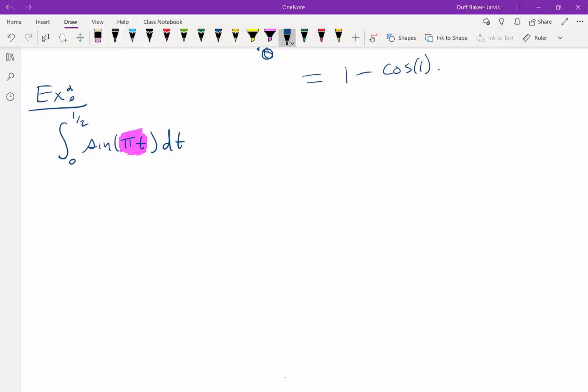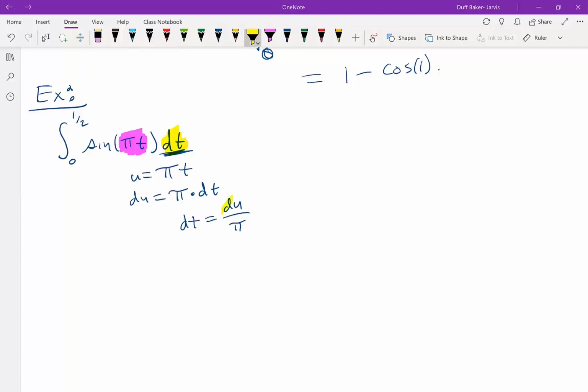If I was to choose u to be just pi times t, then du would be the derivative of that, which is just pi. And then we always just tack on the derivative of whatever is here, so if you're taking a t derivative, you tack on dt. In my integral, I only have dt, I don't have the pi times dt. So I want to solve for dt, which will end up being du over pi.